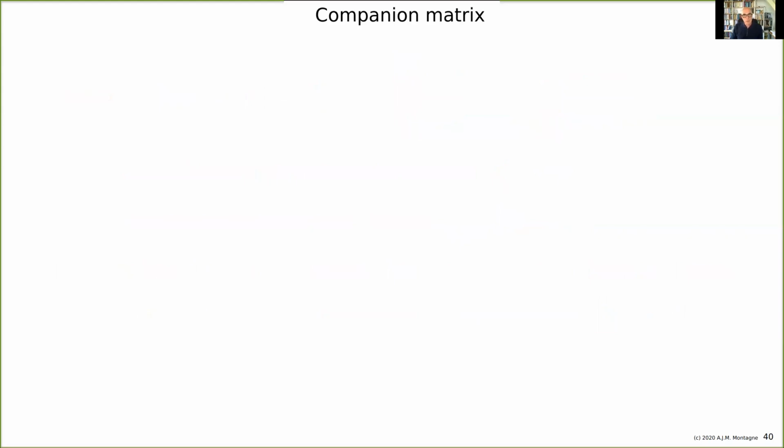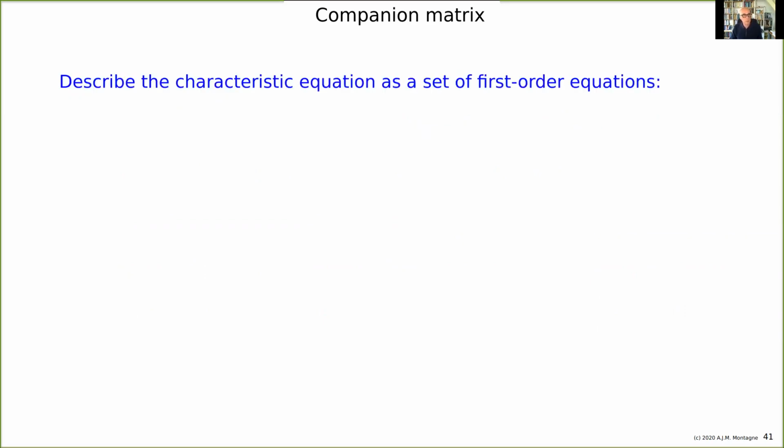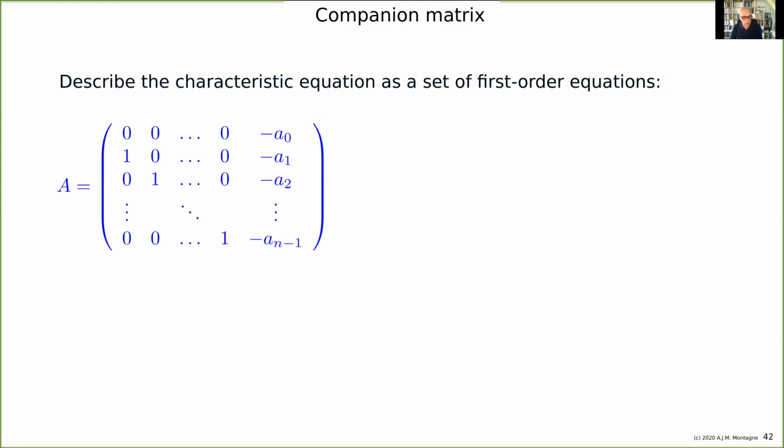We can write the characteristic equation of the system also as a set of first order differential equations, and then we have the so-called companion matrix of the system like this. Here you find the coefficients of the differential equation and the other parts of the companion matrix.